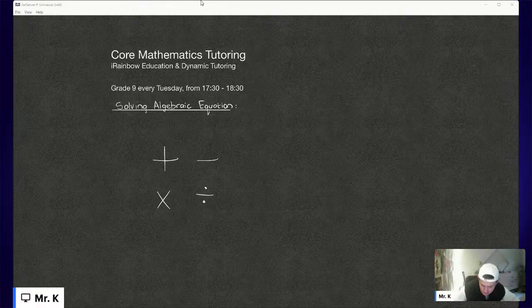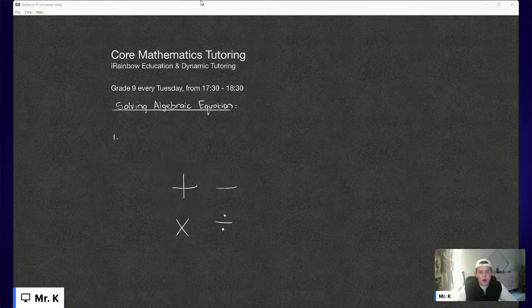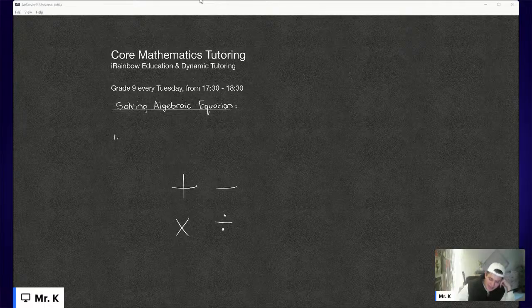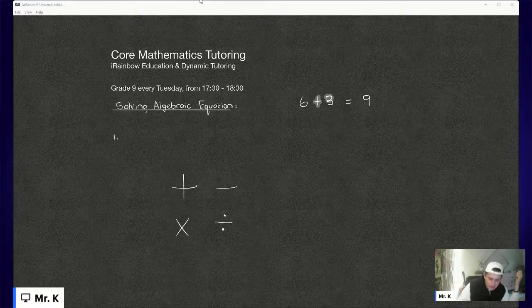And we really must make sure that we are familiar with how these four operations interact with one another. So, if I add something, let's say, for example, 6 plus 3, that would give me 9. If I wanted to reverse the effect of the plus 3, I would obviously subtract, right? So I take my answer, 9 minus 3, and I get back to my starting point.